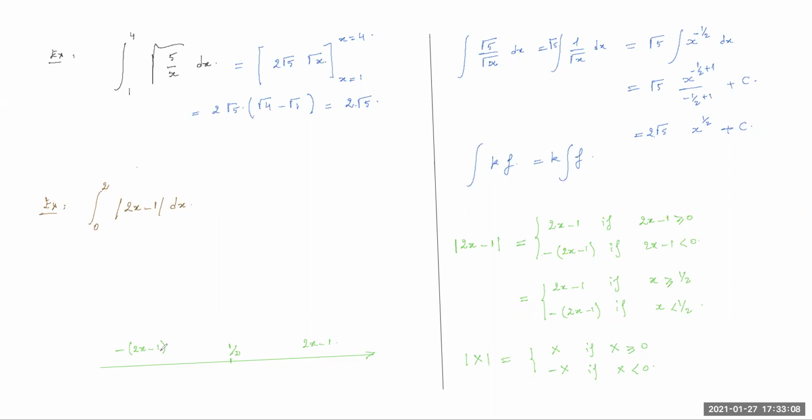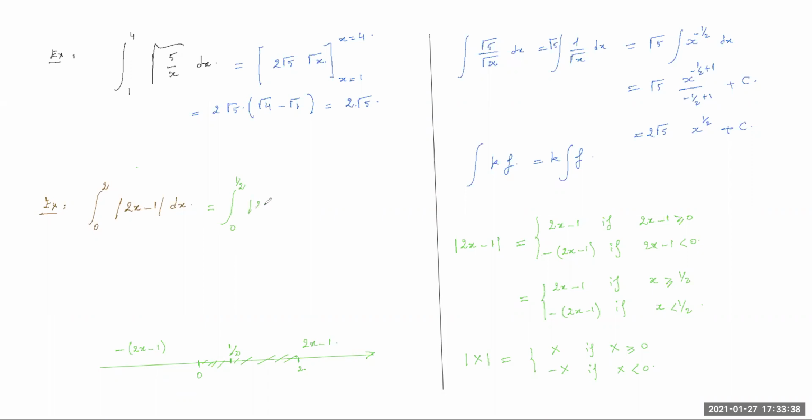So what do you think? The interval you are working on for x is 0 to 2. Do we break up the interval, so 0 to 1/2 and 1/2 to 2?